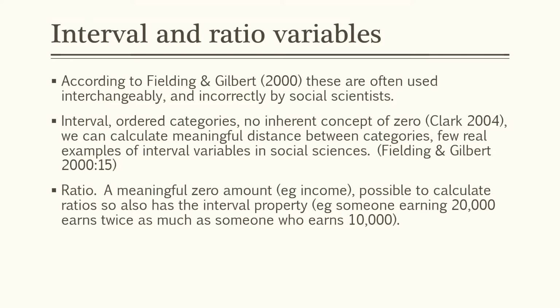What does it mean? For example, a person earning 20,000 earns twice as much as someone who earns 10,000. Another example is height. There is a true meaning of zero, so if the increase in height is zero, it means there's no increase at all.